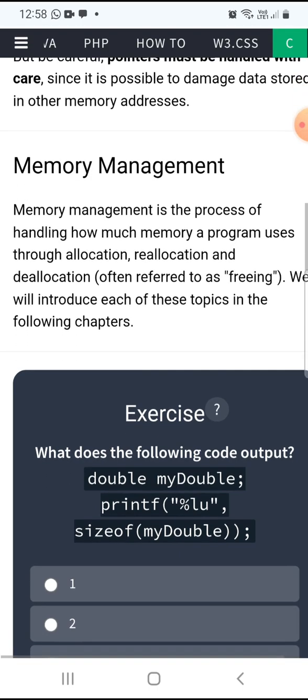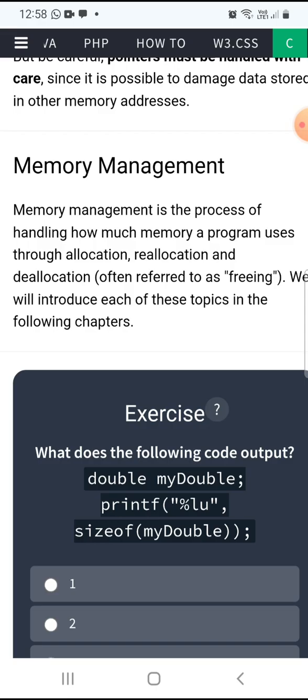So memory management is the process of handling how much memory a program uses, through allocation. In memory management we decide how much memory will be allotted to that program, and also reallocation of the memory and deallocation, which is often referred to as freeing of memory.